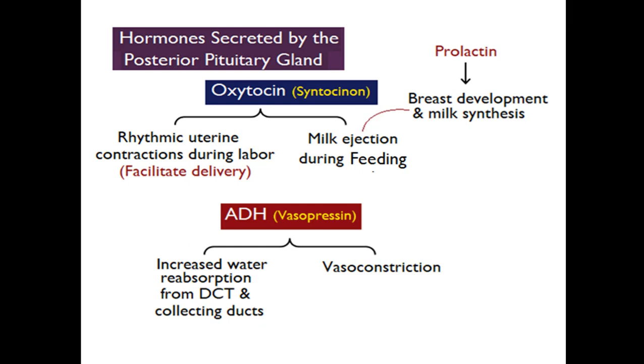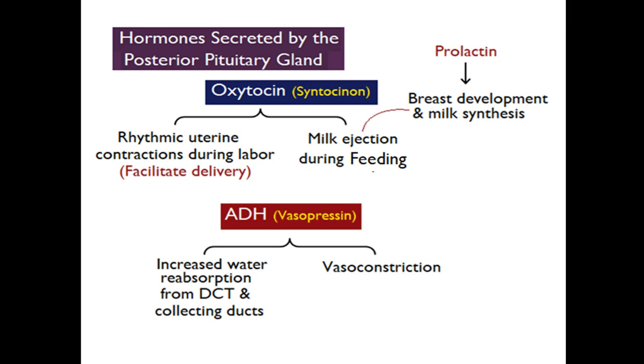We know that prolactin, which in normal life is inhibited by dopamine from the hypothalamus, has its secretion increased in pregnancy and lactation by the feedback inhibition of dopamine. And prolactin, along with other hormones, mainly progesterone and human placental lactogen, causes the development of the mammary glands of the breast.